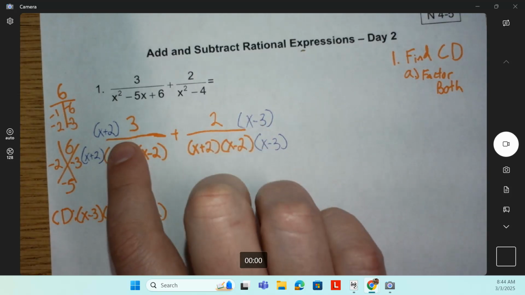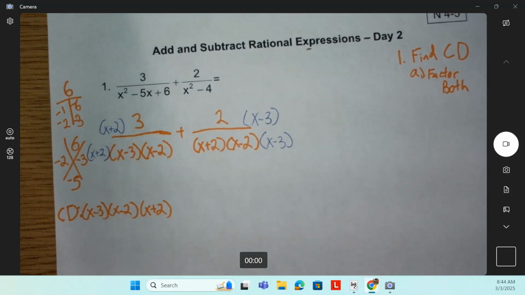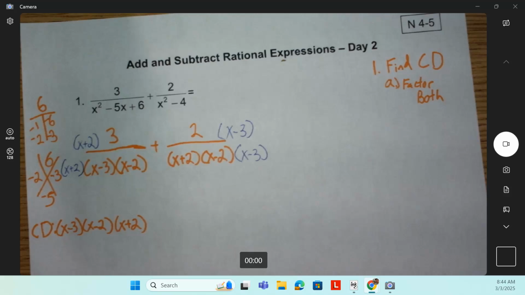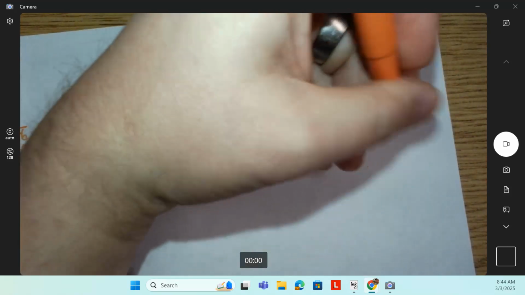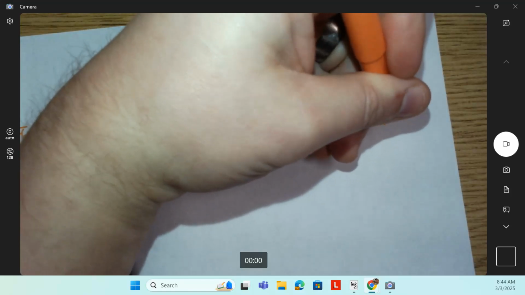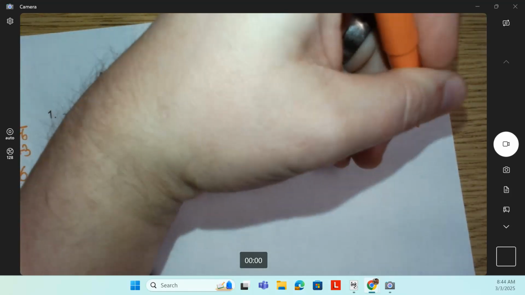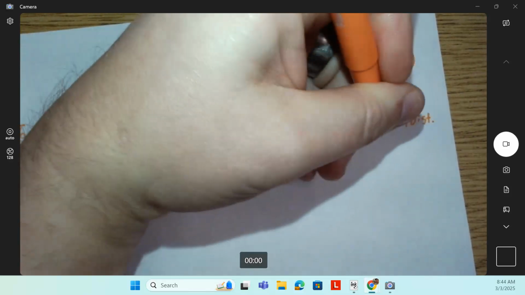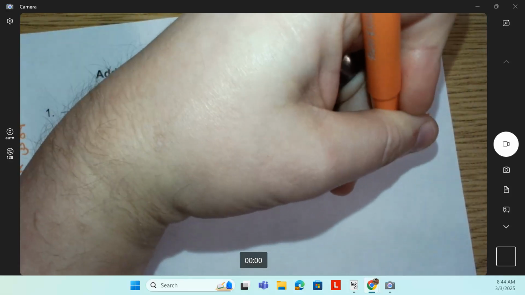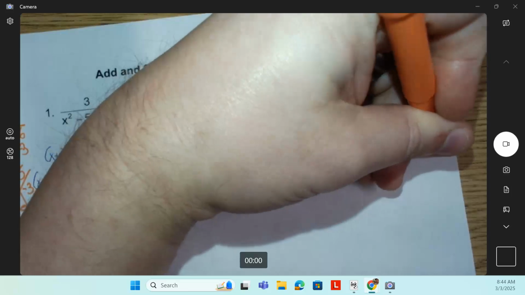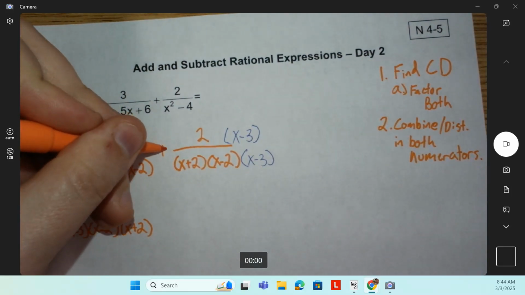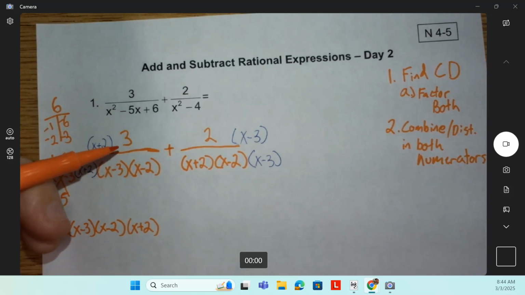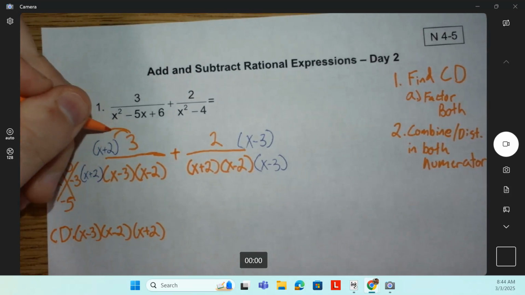So next step, I'm going to distribute or combine for both my numerators. When I am adding or subtracting, I'm going to distribute for both of them.